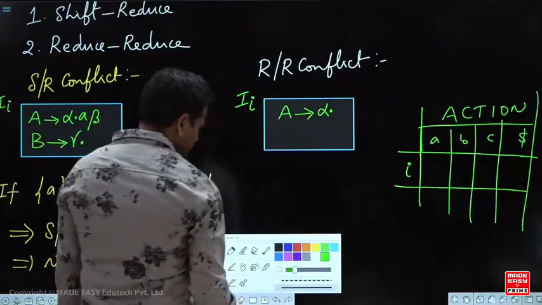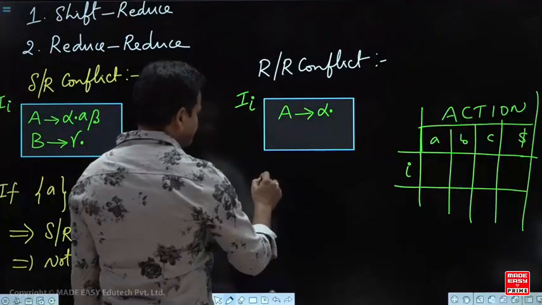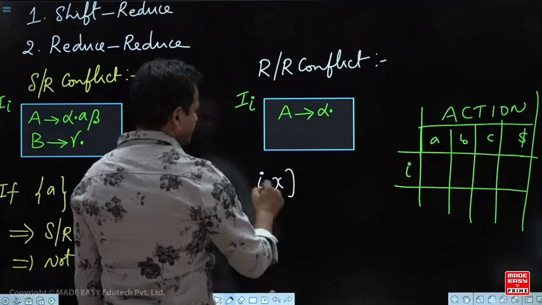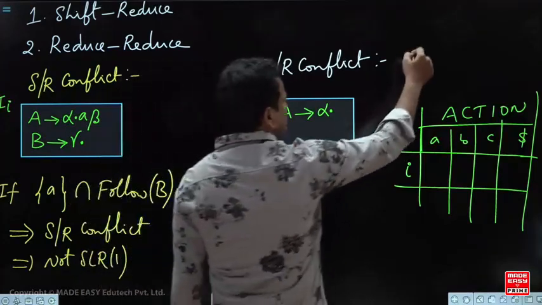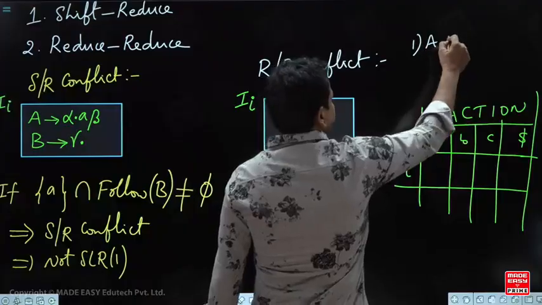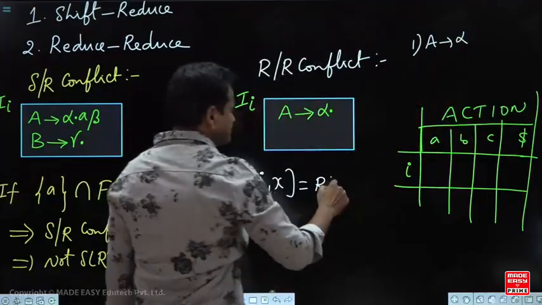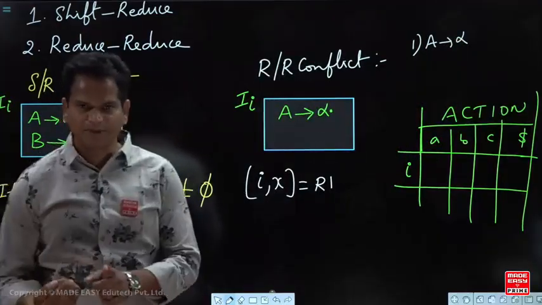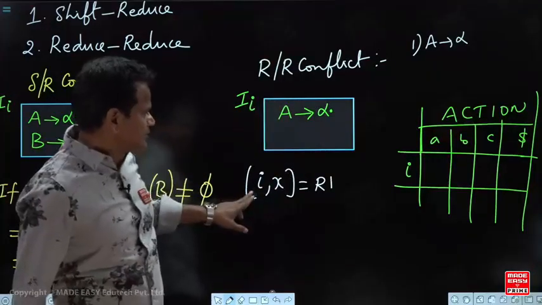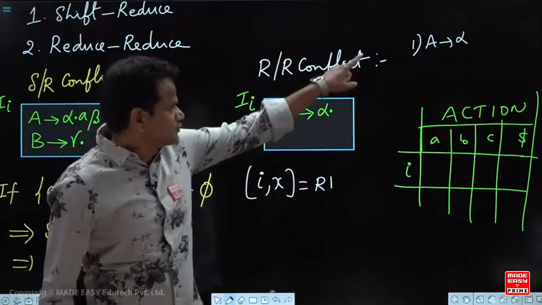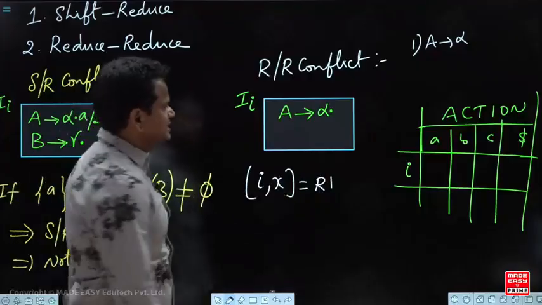So what we do in the ith row, xth column, we write the reduce by A goes to alpha. Suppose A goes to alpha number is 1. Simply we write R1. I repeat, guys. This is the final item. So reduce. This is in ith row. Reduce. And number is 1, R1. In x column. What is x here?